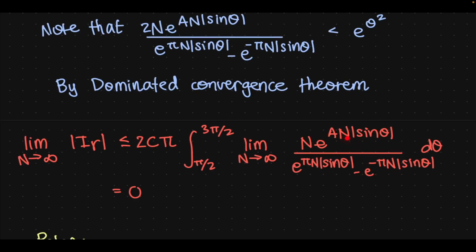This is where the a is less than pi condition comes in, because if you divide the numerator and denominator by e to the a absolute value sine theta, you see you're getting a factor of pi minus a times n times absolute value sine theta in the first term of the denominator. And you want that to be positive. You want pi minus a to be positive. That means a has to be less than pi. Otherwise, you won't be able to compete with the n in the numerator. That's also going to infinity.